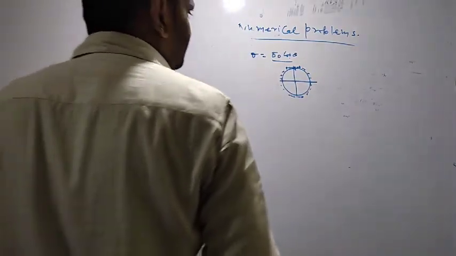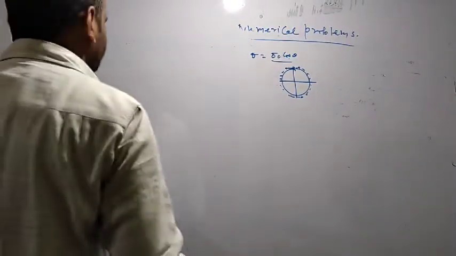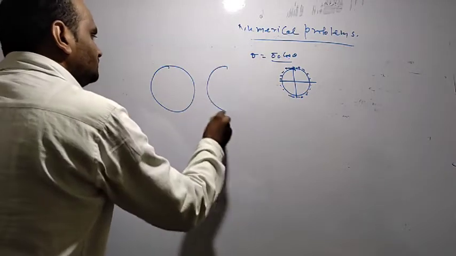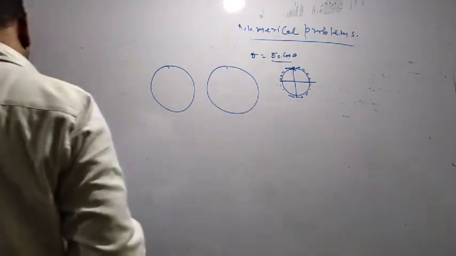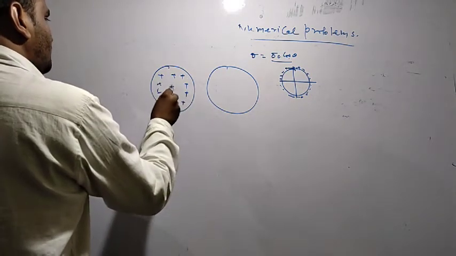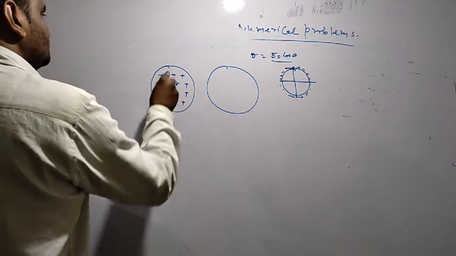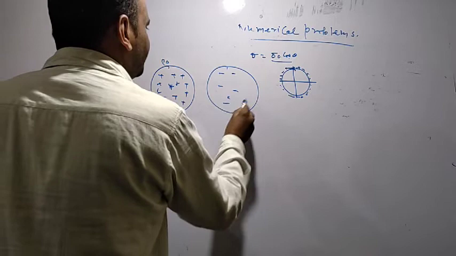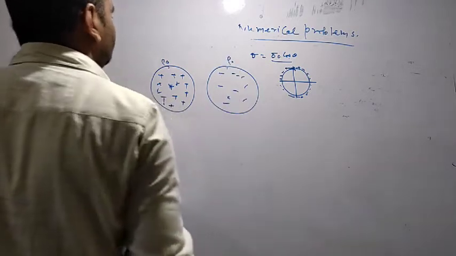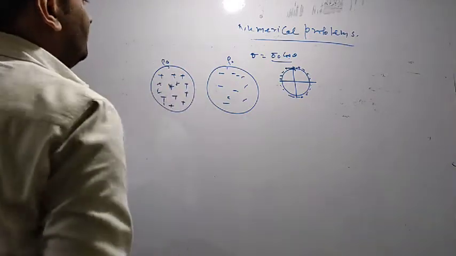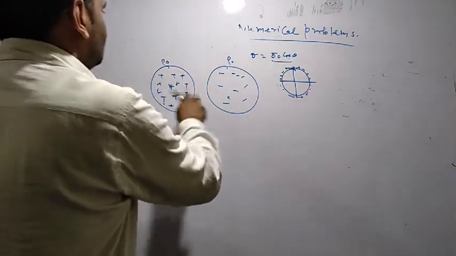It is telling you that you have two charge distributions: one solid sphere with positive charge distribution, another with the same radius and negative charge distribution. What will happen when you overlap this? It will neutralize. Total charge will be 0.